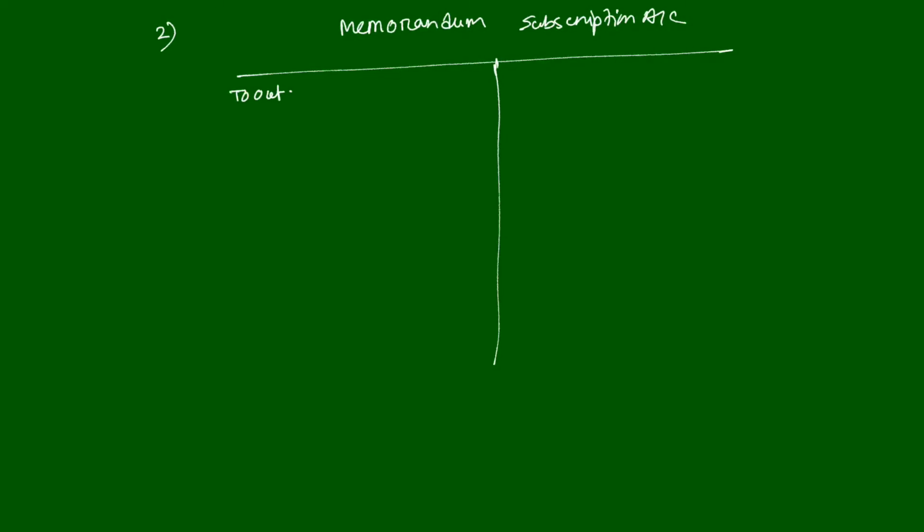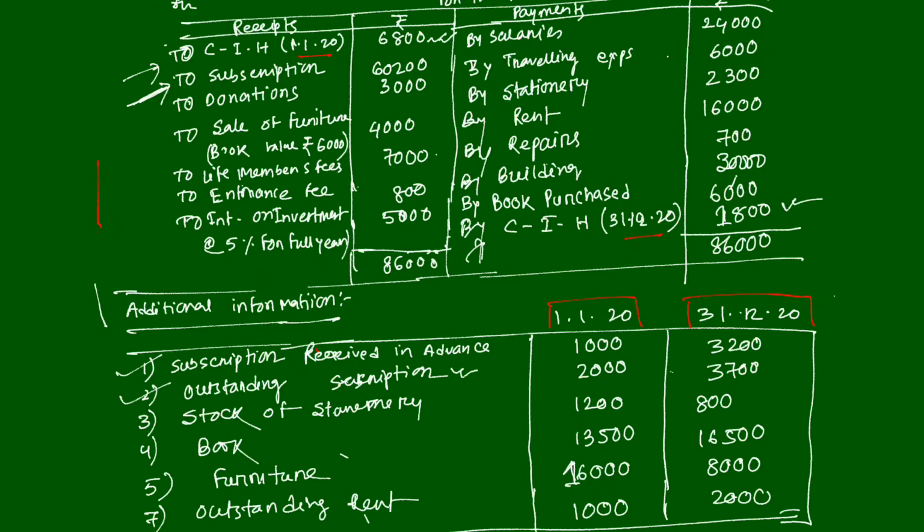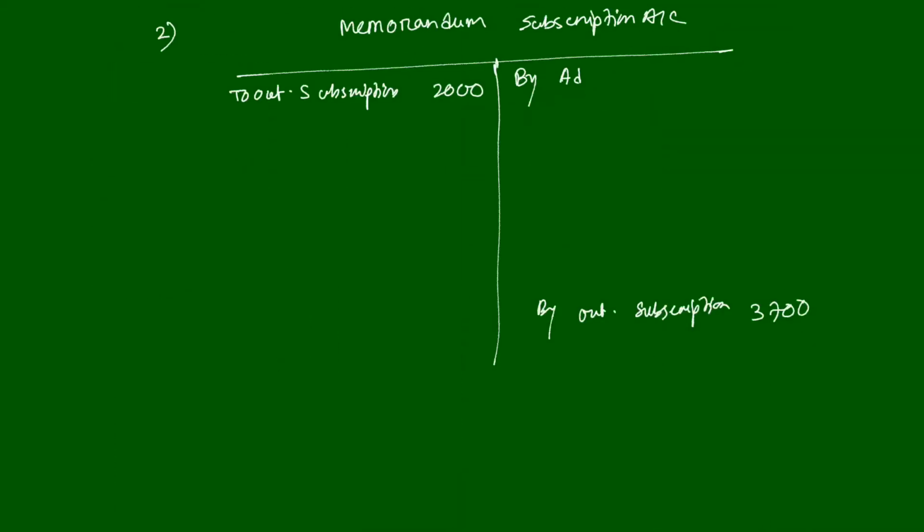To outstanding subscription, the amount is 2000, and by outstanding subscription, the amount is 3700. Then here it is written subscription received in advance. This advance money starts from the credit side.